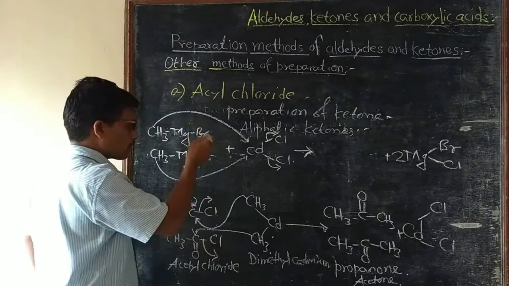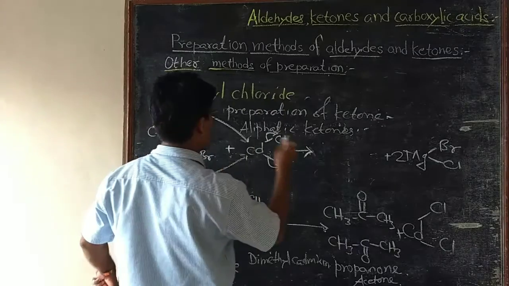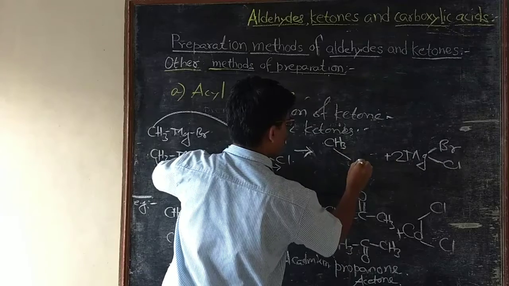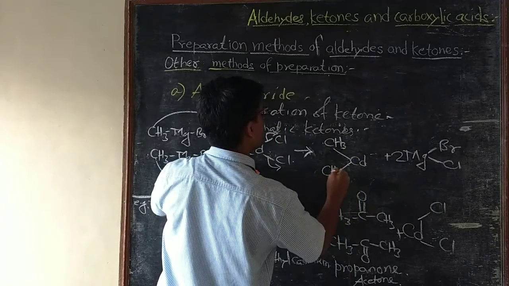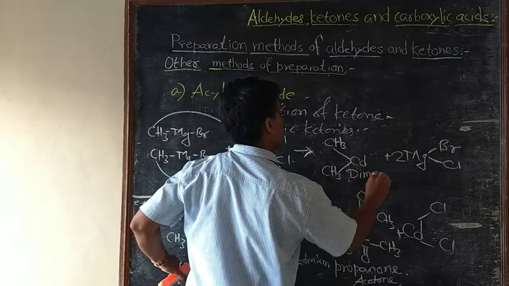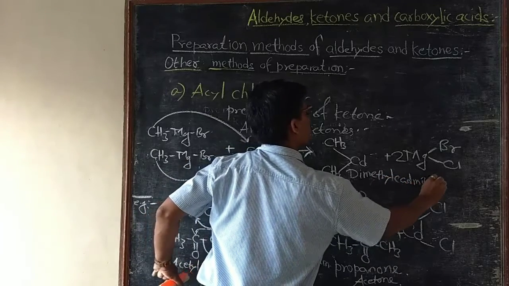Then what we have left is our desired product, that is CH3 attached to cadmium, and this other methyl group also attached to this cadmium. Its name is dimethyl cadmium.